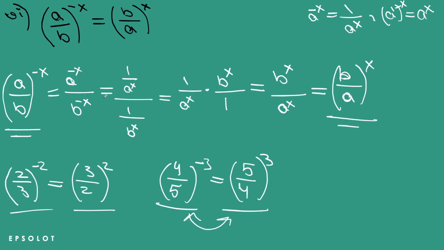Now the other rule that we have actually already seen before is number 5, 6, 7, that a to the power of m over n is actually just a to the power of n raised to the power of m, or a to the power of m raised to the power of 1 over n.